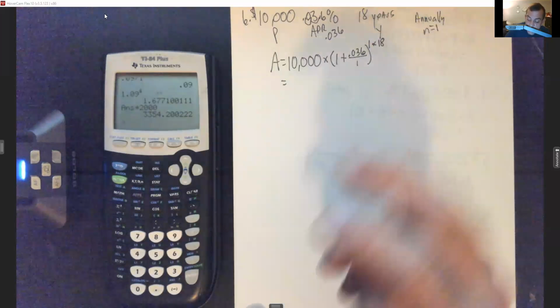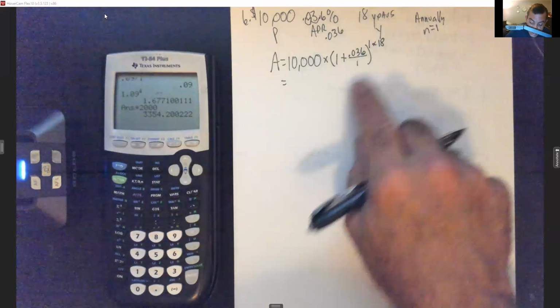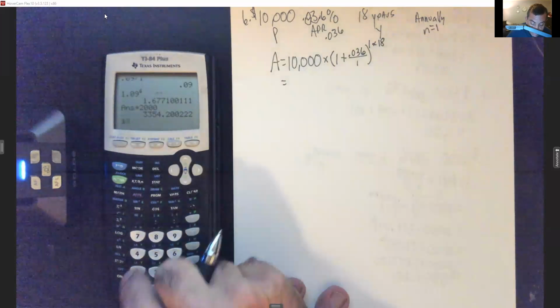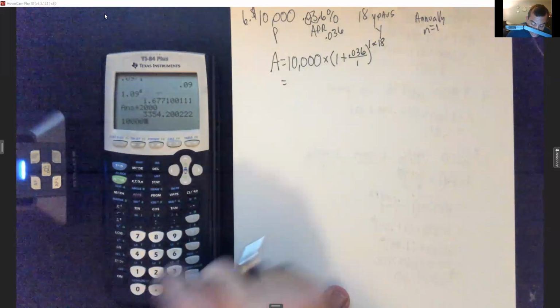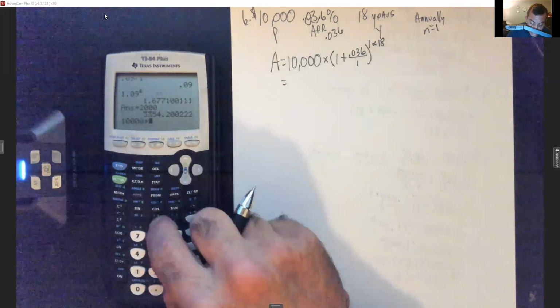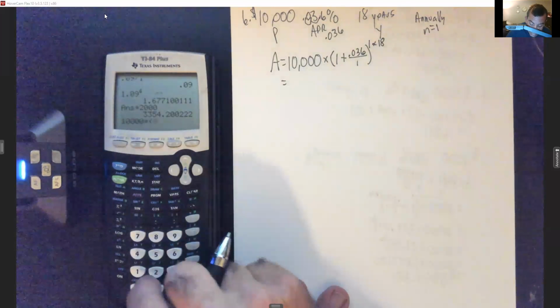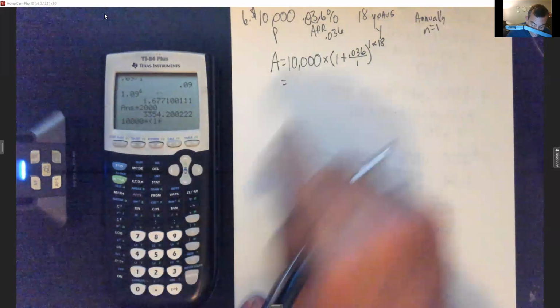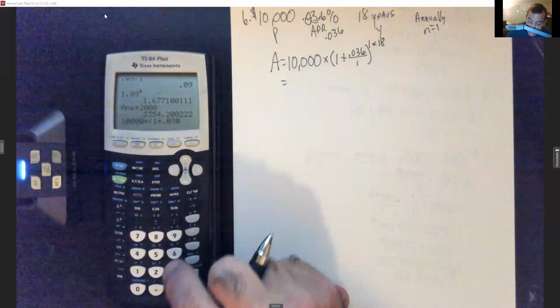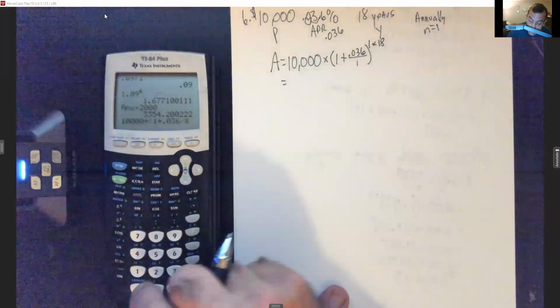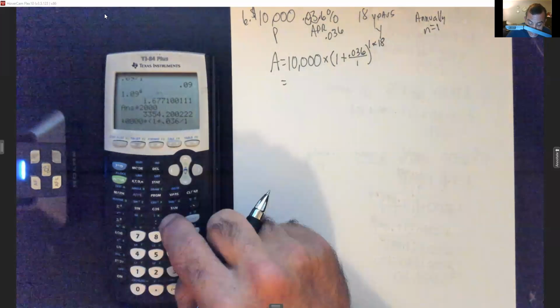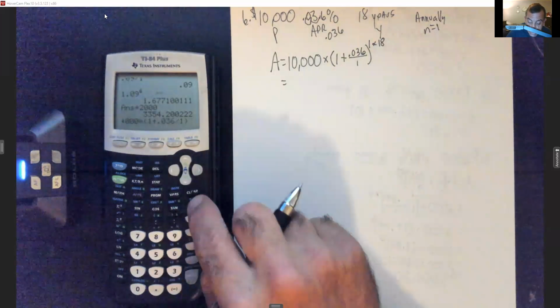All right, so I'm going to do this all on the calculator. So watch this. I got 10,000 times parentheses. The parentheses are right above the 8 and the 9. So then you got 1 plus 0.036 divided by the 1. Close those parentheses, and then you hit the arrow up.